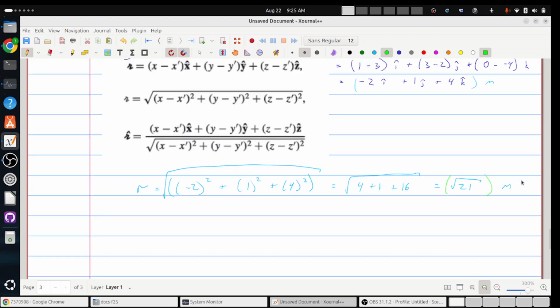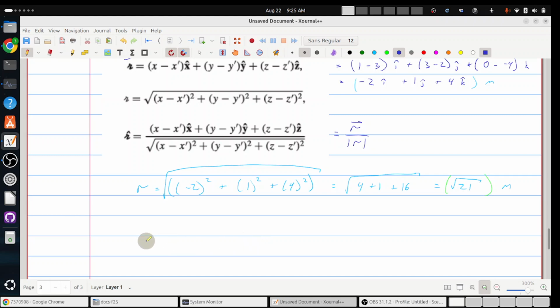So this meters is outside of the square root in terms of our final answer. And then my r hat. Okay, so the r hat part here is going to have basically, this is my r vector divided by the magnitude of r, if you look at the way it breaks down. So you can do it all at once, but it's kind of messy when you do that.